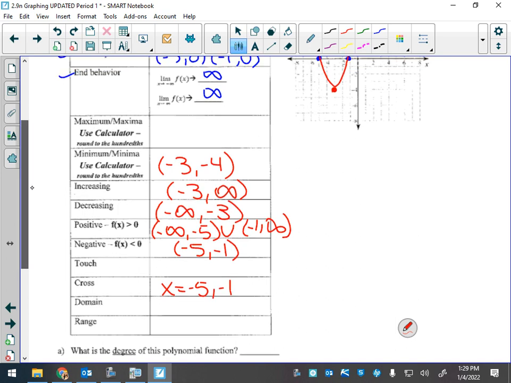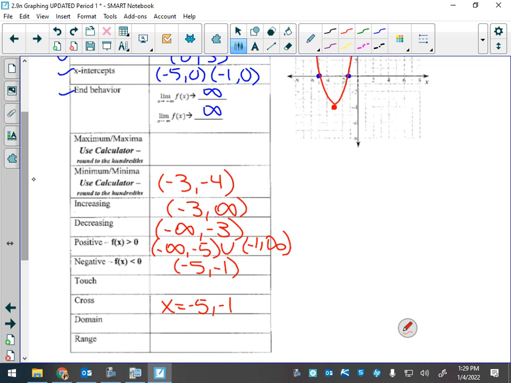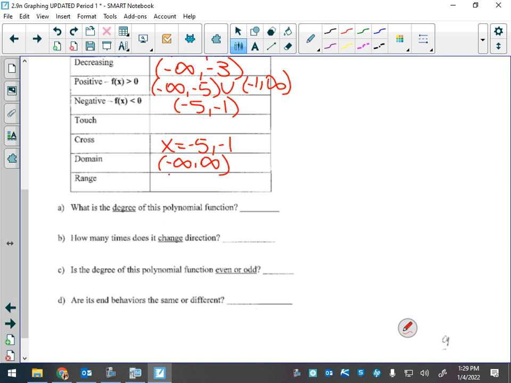What is the domain of this function? Jackson, what's the domain? Good. Let's see. Lila, what's the range? Perfect. Excellent. -4 with the bracket to infinity.